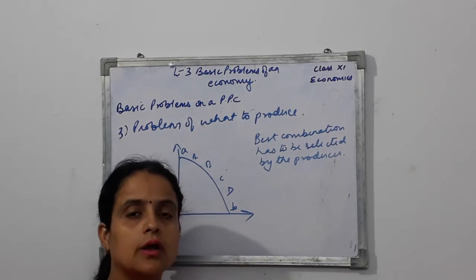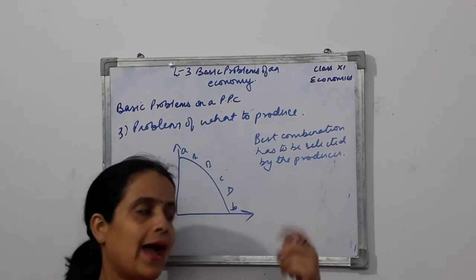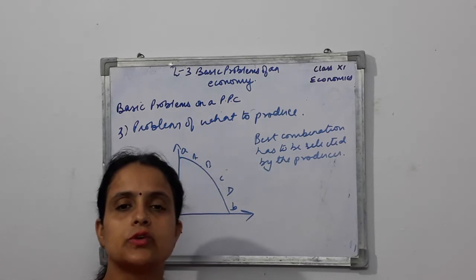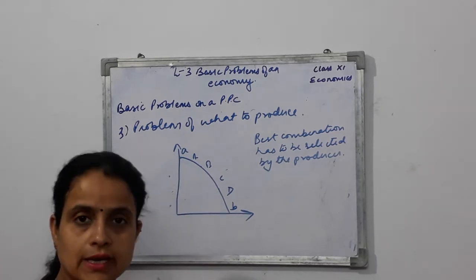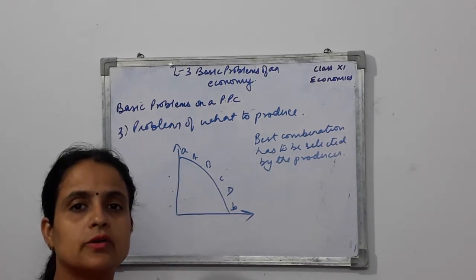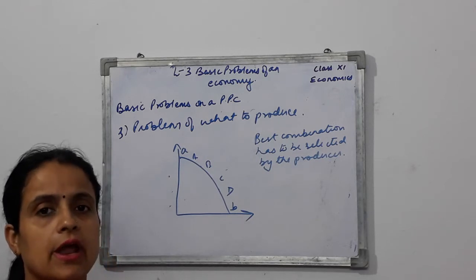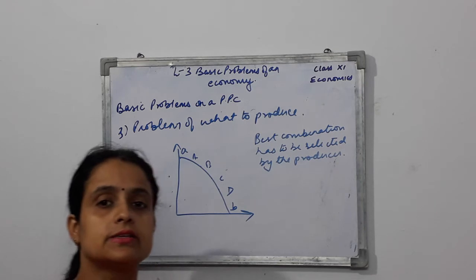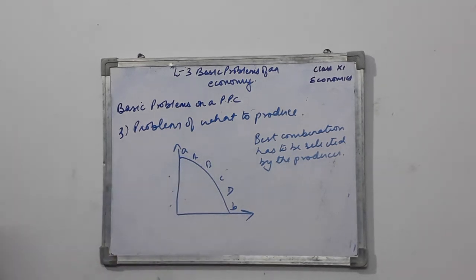That means he has to earn profit, and the consumers should get that product. To satisfy their want is also important, and to satisfy his profit motive is also very, very important. So the problem of what to produce can also be shown on the PPC.